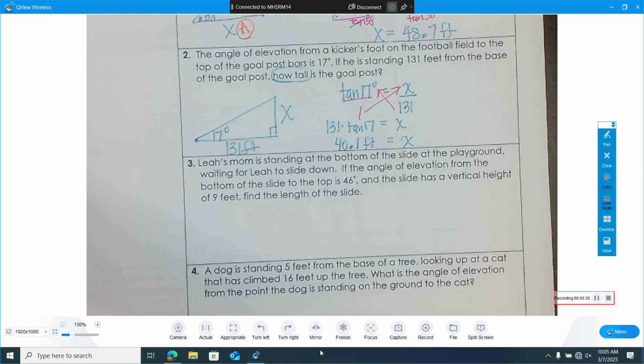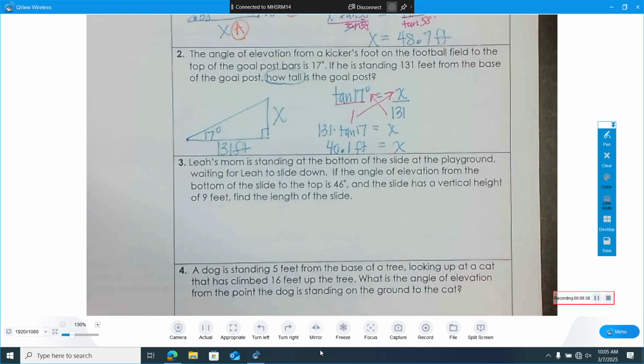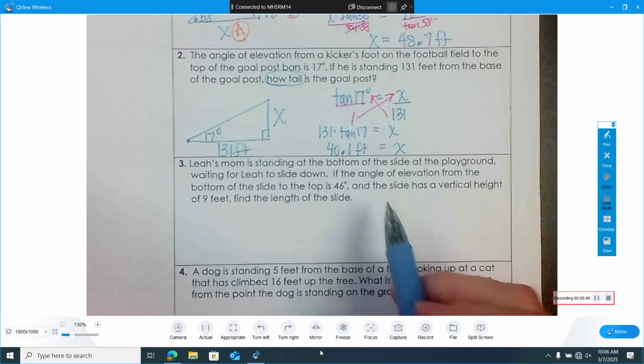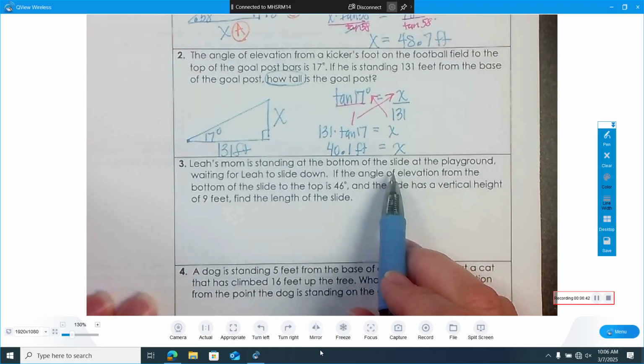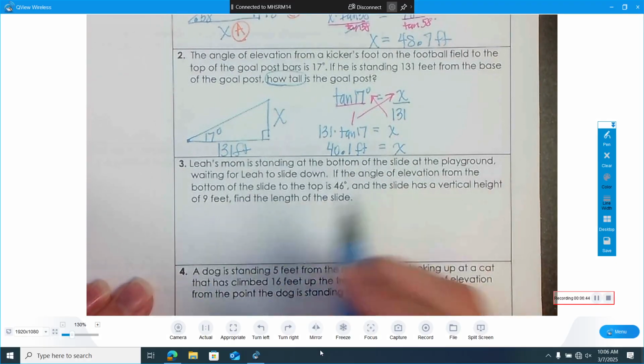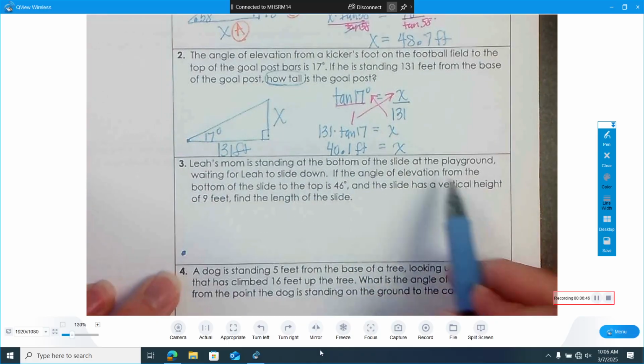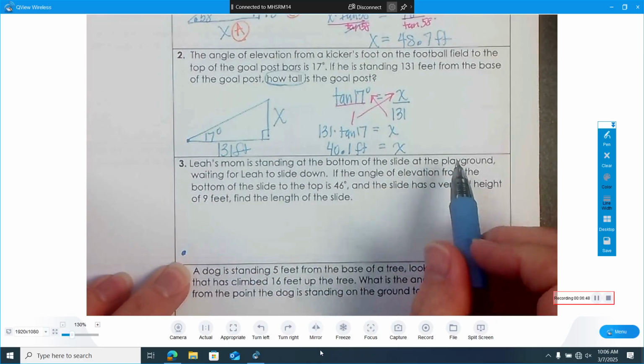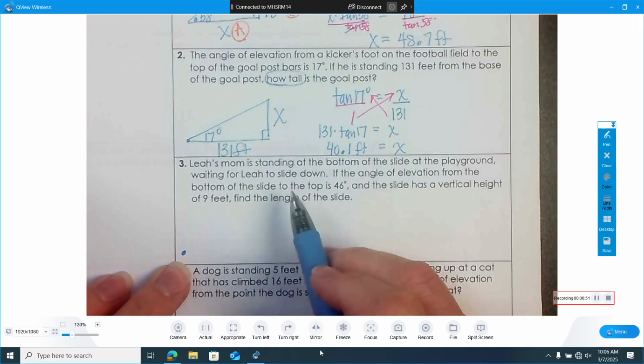All right, let's look at number 3. Leah's mom is standing at the bottom of a slide at the playground, waiting for Leah to slide down the slide.